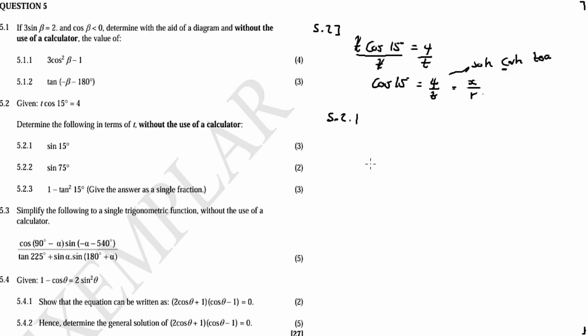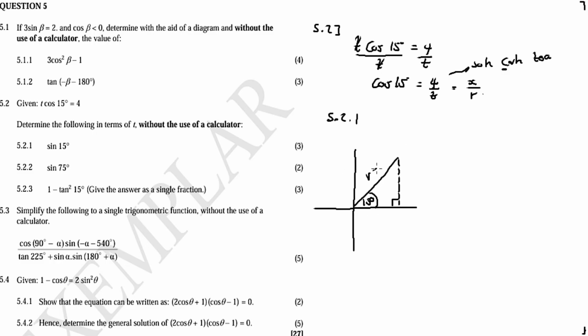So in order to answer the first one, let's draw our diagram. So the triangle is in the first quadrant. How do I know? It's an acute angle, 15 degrees. That's why for such questions, where we express something in terms of t, you always have your triangle in the first quadrant. The angle is an acute angle.